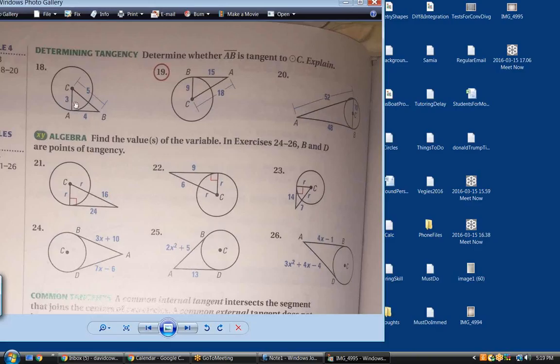And because that's a right angle, this line AB has to be tangent. If it was not tangent, that would not be a right angle. In other words, all of these theorems work in reverse. If I have line AB tangent to circle C, it's going to make a right angle, and vice versa. If a line makes a right angle with the radius, then it is a tangent line.